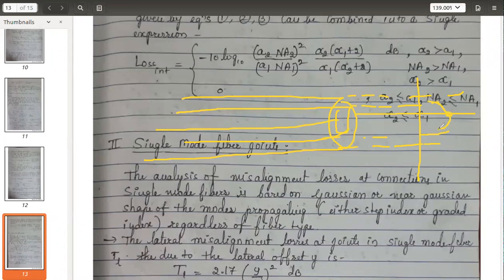On both sides, exponentially it will decrease and it will enter the cladding. So this is your Gaussian distribution curve for the field. Whatever you are taking, this is your fundamental mode of transmission. So we are assuming here that the distribution is Gaussian or near Gaussian shape. Either it can be step or graded.